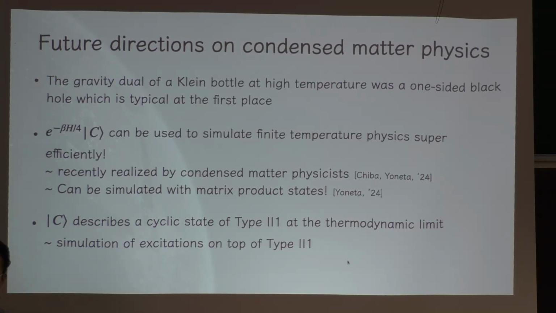There are also some interesting points from a condensed matter point of view. I slightly mentioned that the gravity dual of a thermal bottle at high temperature was actually a one-sided black hole, which is typical in the first place. So it will evolve in time, but it's at first a volume law state, and for any small subregion you look at, it's just given by a very typical thing.